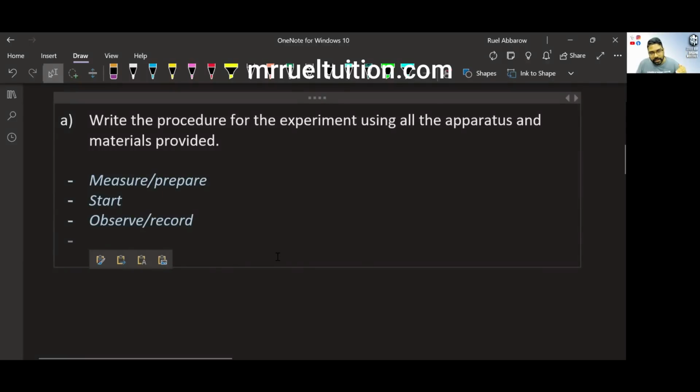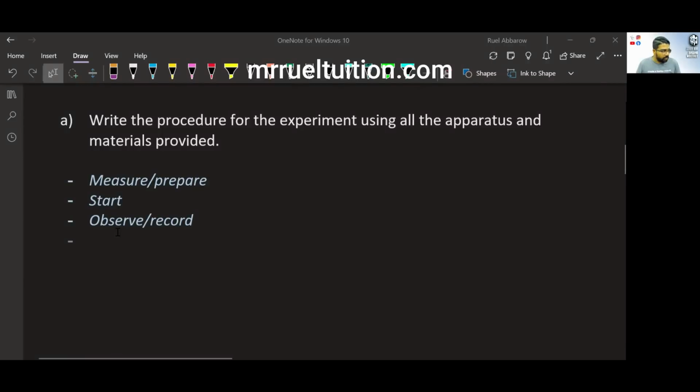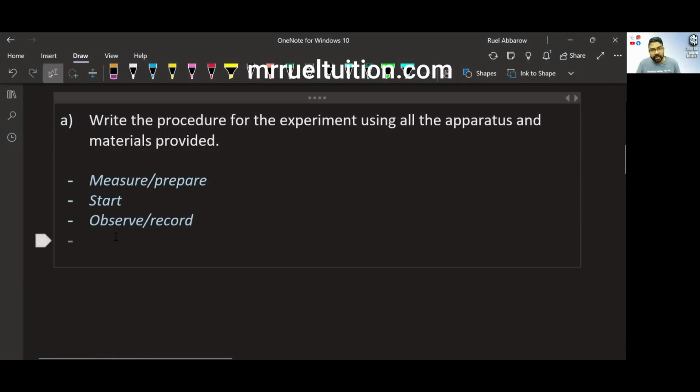Once you've collected all the data, if we have a manipulated variable, sometimes it requires you to repeat the entire experiment by changing the manipulated variable. So repeat, finish. You just need this frame, these 4 components, and you can write any procedure. As long as it contains all the 4 components, your procedure will be complete.